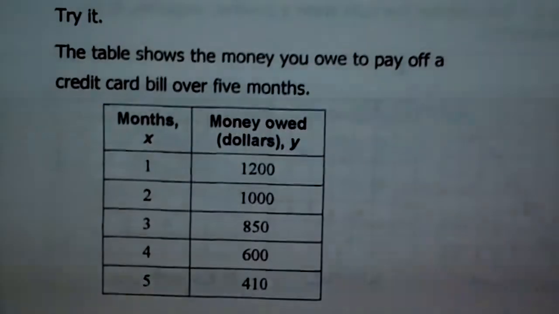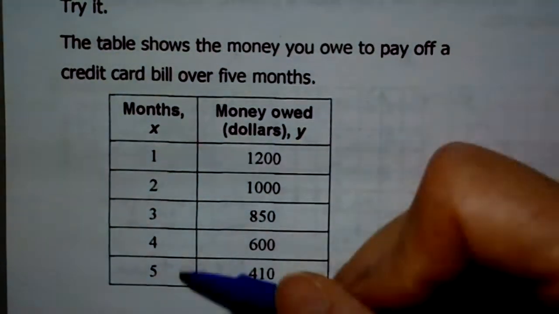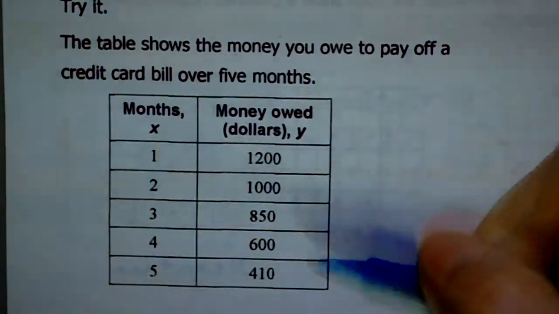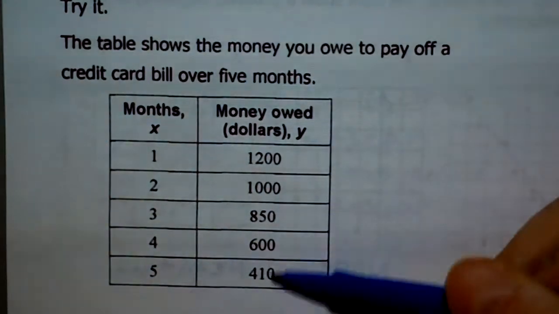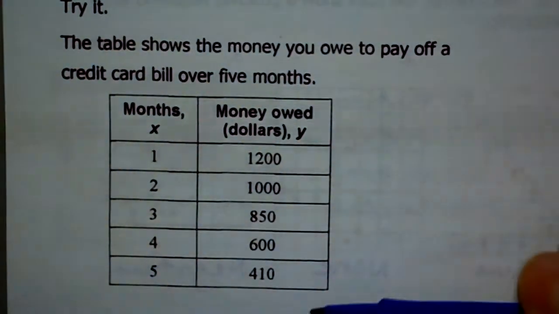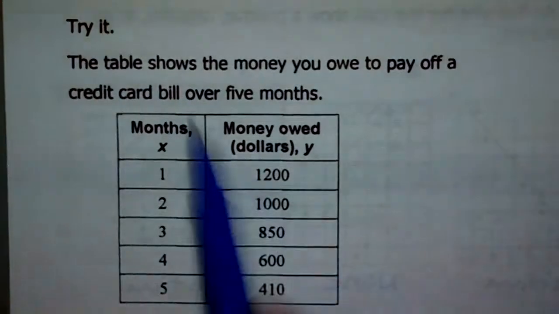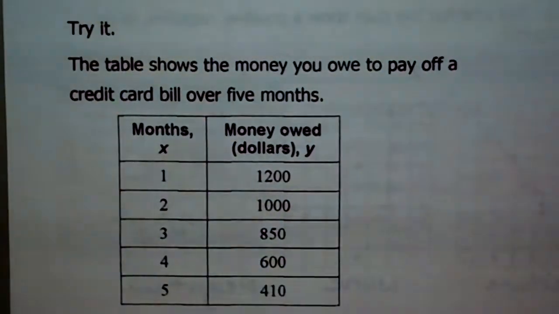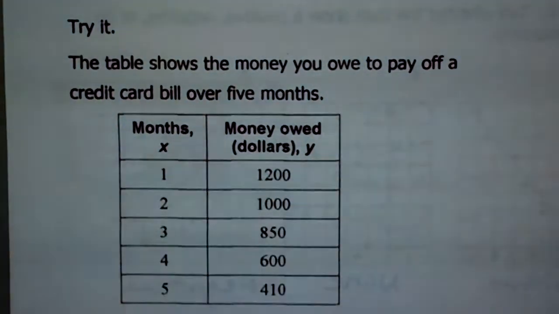So let's try it. I give you a data table here, and it says months and money owed. And thank goodness the money owed is going down every single month. I'm glad it's not going up. This shows how you're paying off a credit card bill over a series of 5 months. What I want you to do right now is plot these ordered pairs on your graph.